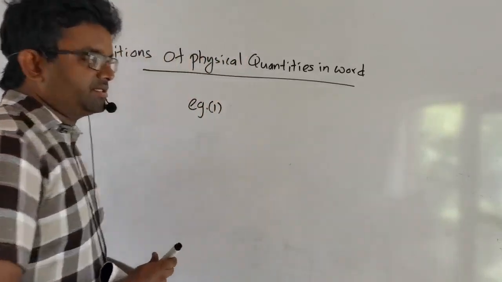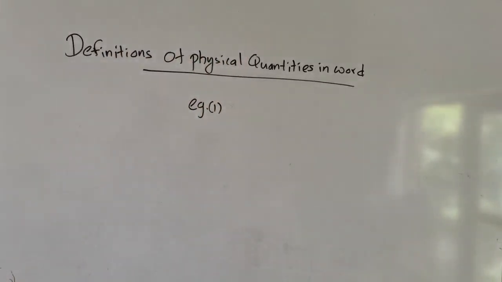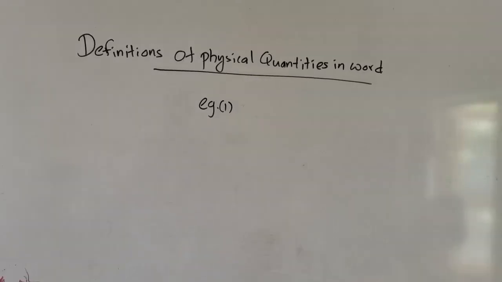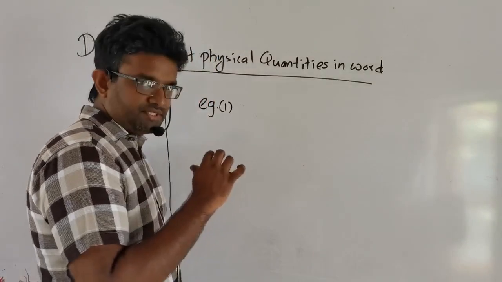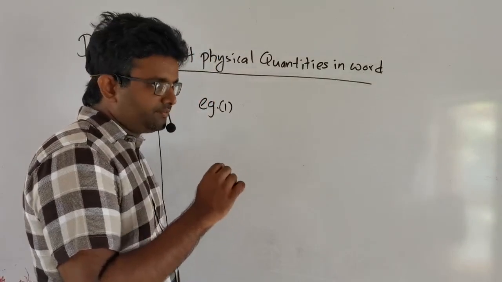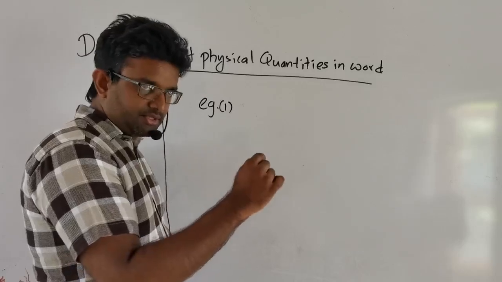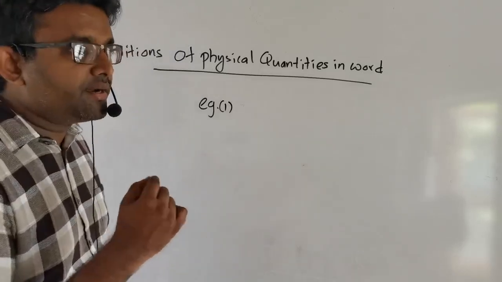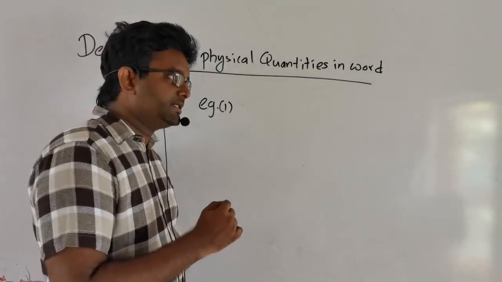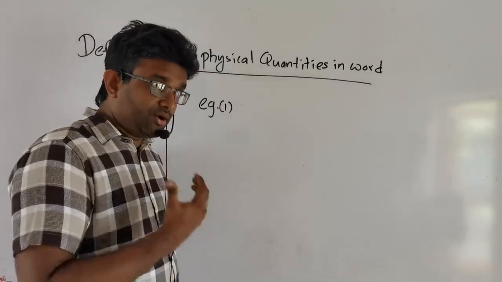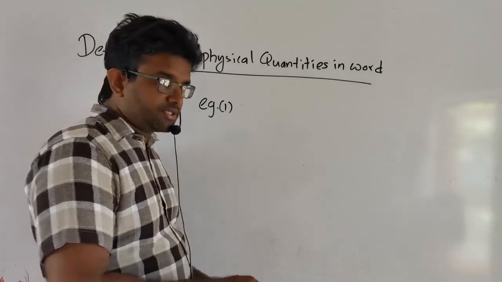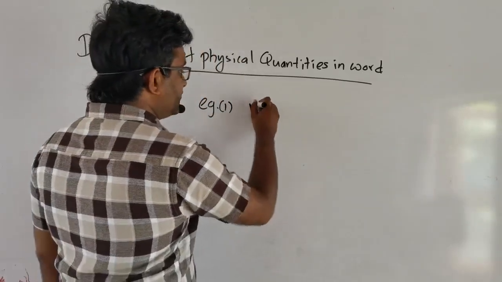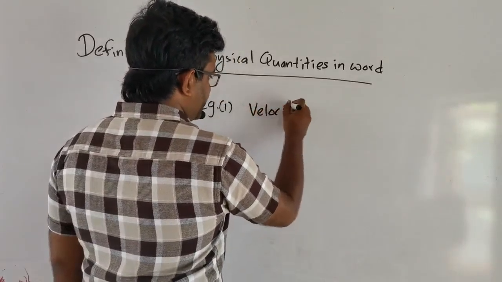Right, so you can underline the physical quantities today. What are the physical quantities? First one, displacement. Then time is there, right? And velocity. So now, what is the quantity we define here? That is velocity, right? So we write the equation for velocity, right?